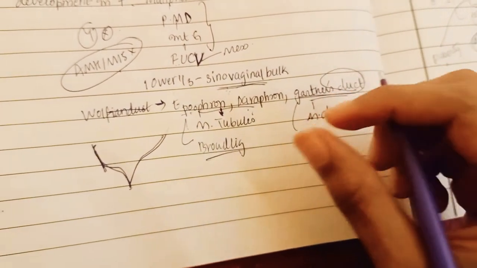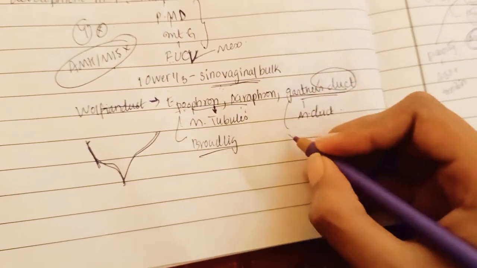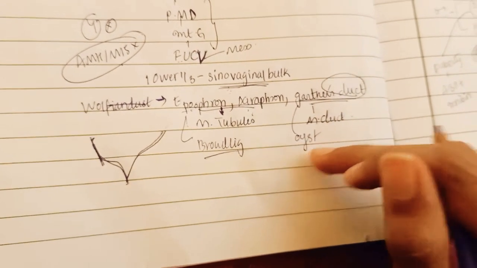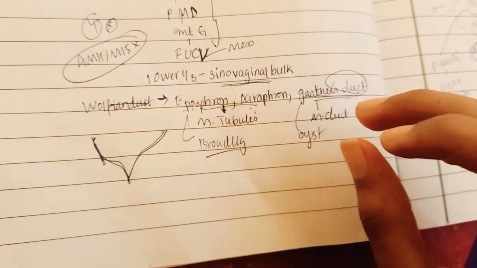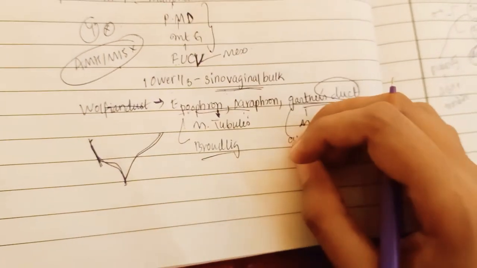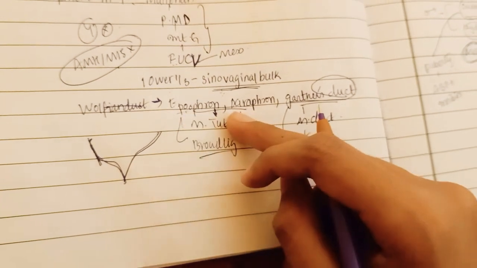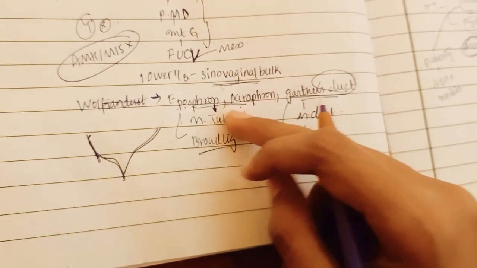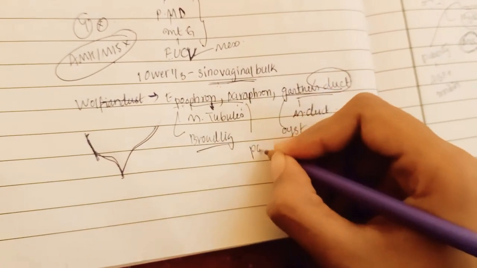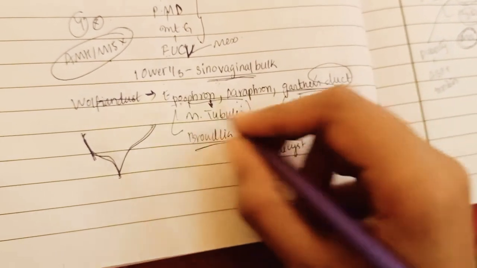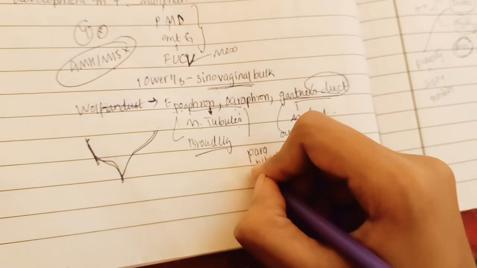So sometimes along the entire length of the broad ligament you will have this duct, then it is called Gartner's cyst, blocking the way along the entire length. Now coming to epoophoron and paroophoron, these can also be blocked forming a paratubal cyst. They can also form a cyst and that is called a paratubal cyst. These are tubules, right? So they form a paratubal cyst.